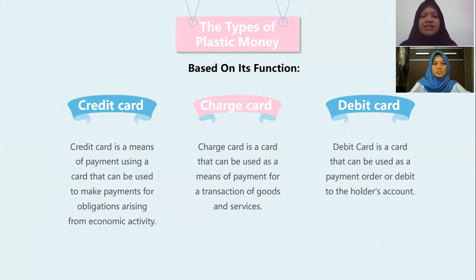Credit card is a means of payment using a card that can be used to make payments for obligations arising from economic activity, including shopping transactions or to make cash withdrawals, where the cardholder's payment obligations are fulfilled first by the acquirer or issuer, and the cardholder is obligated to pay off the payment obligation at the agreed time, either at once or in installments.